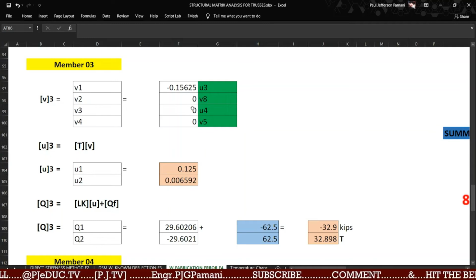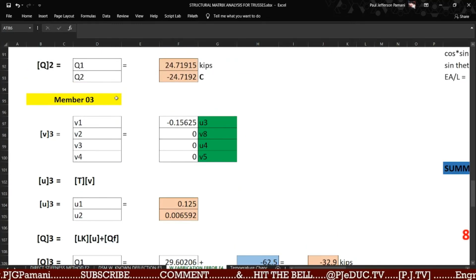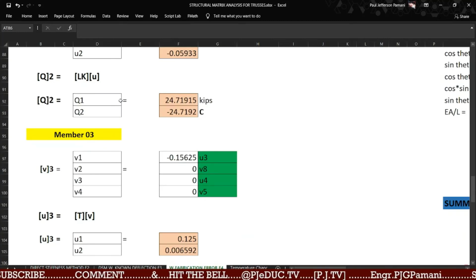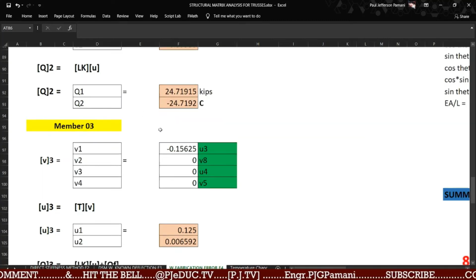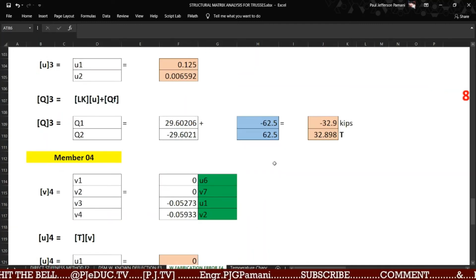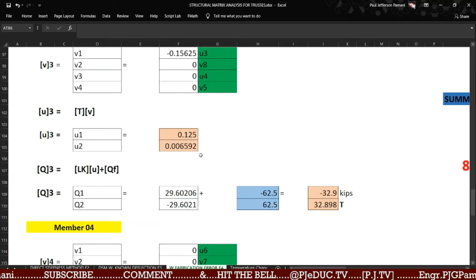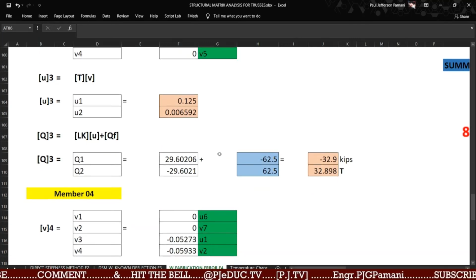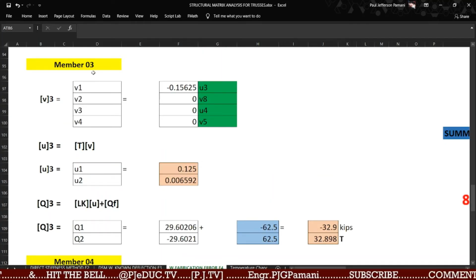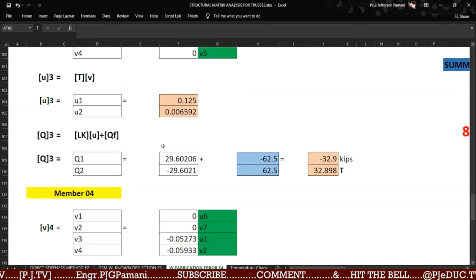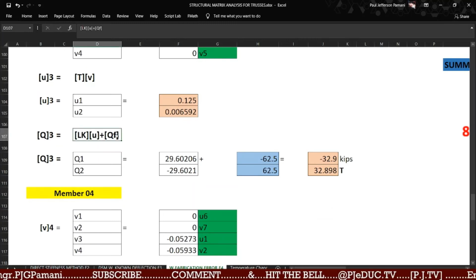So, just the same. Just like what we did on example 3, 2, and 1. Yung solution ng member end displacement forces and forces, ganun pa rin. Ang naiba lang is that the computation for the deflection as well as the reactions at support. Okay? And one thing new here is member 3. Yung addition ng force QF natin. Okay?